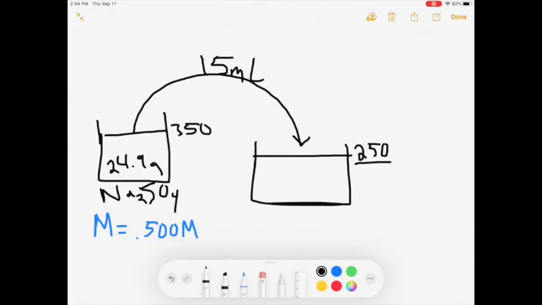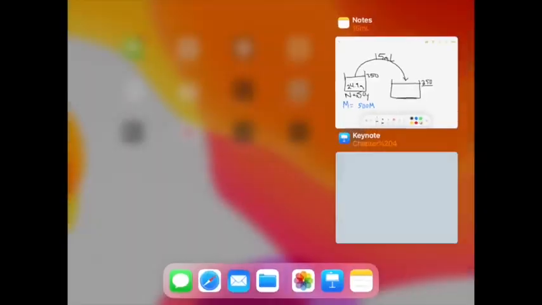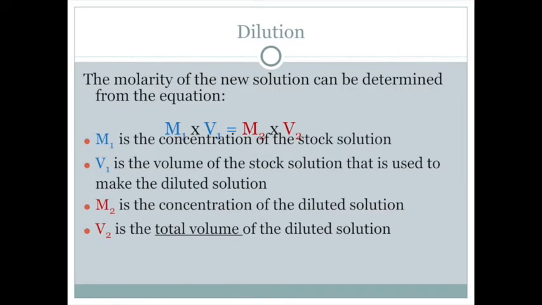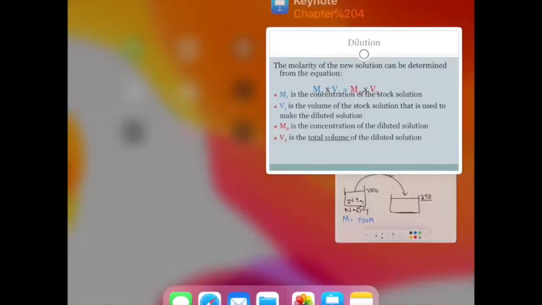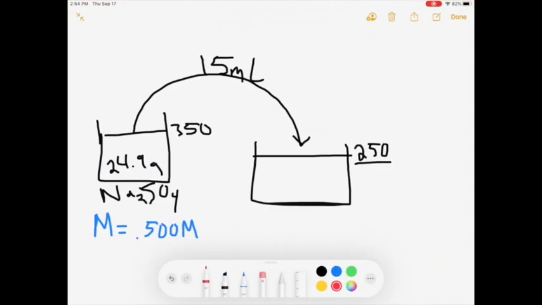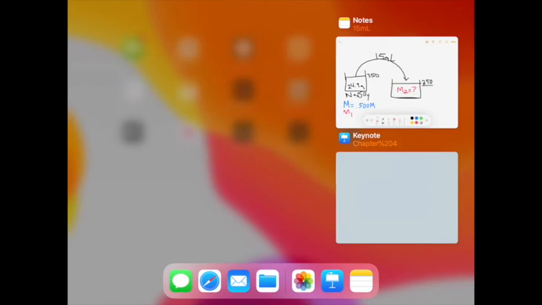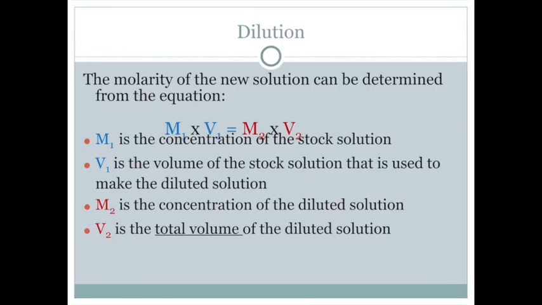So M1 is the concentration of the stock solution. So this right here is our M1. That's the concentration of the stock solution. M2 is what we're trying to find. What is the concentration of our diluted solution? Now V1 is the volume of the stock solution that is used to make the diluted solution.